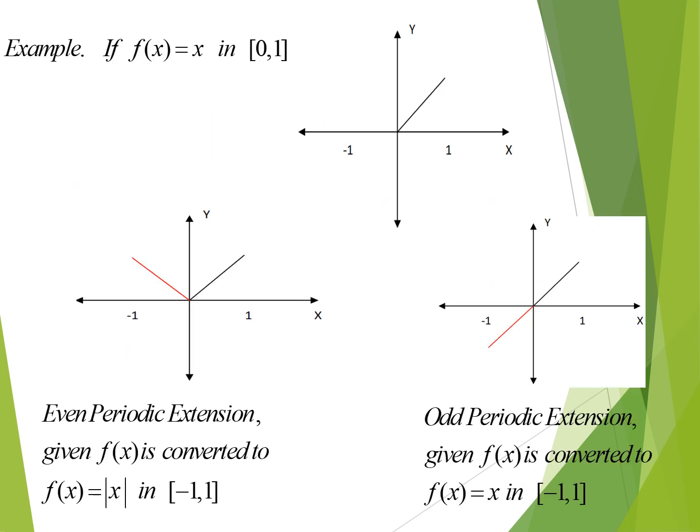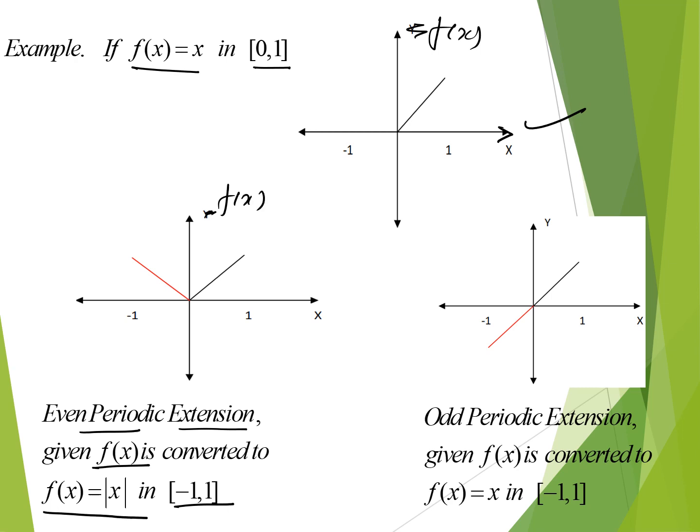This is the slide for the even and odd function. If f(x) is a function over 0 to 1, then the graph is this, where this is f(x) and this represents x. Then the even periodic extension of f(x) is f(x) = mod of x from minus 1 to plus 1, and this is the graph of mod of x.